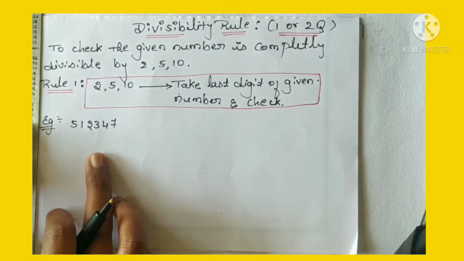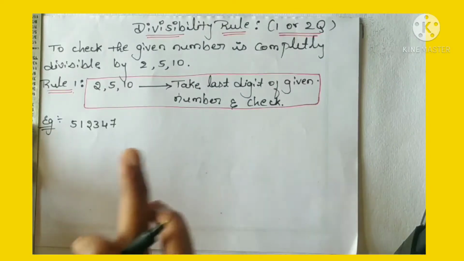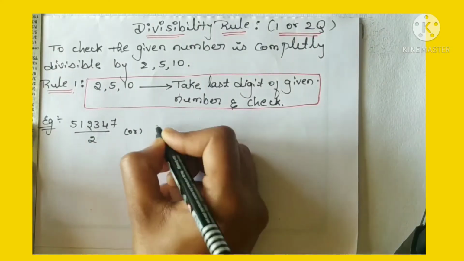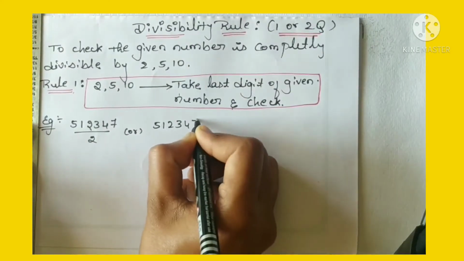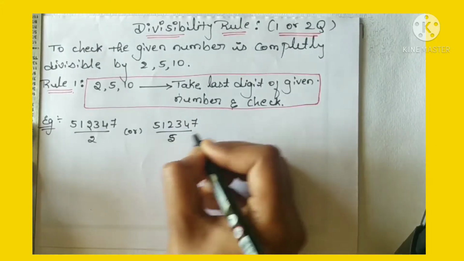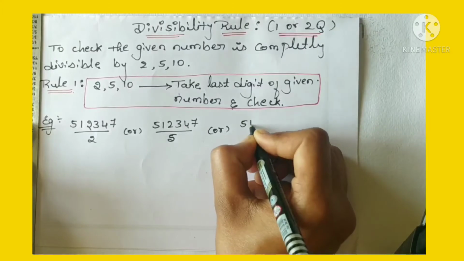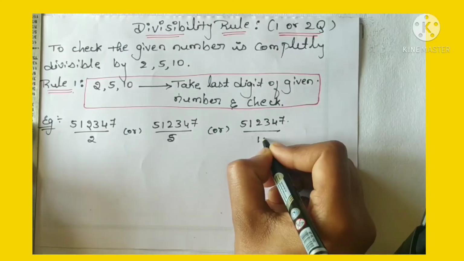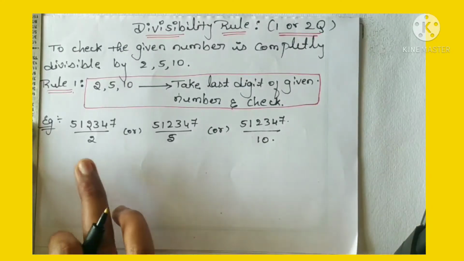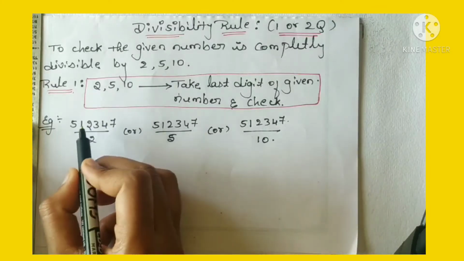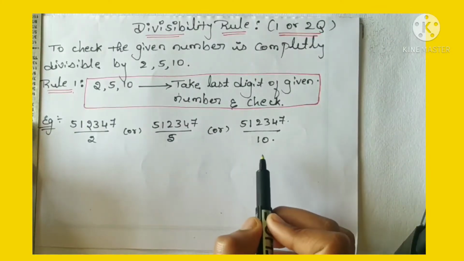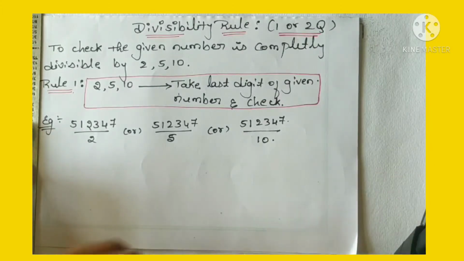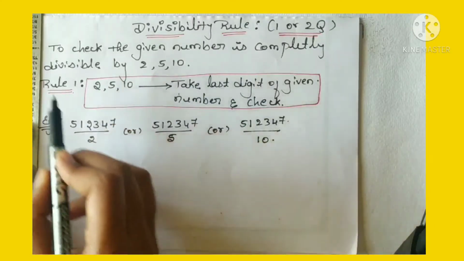This is the given number, and they ask whether it is completely divisible by 2, or by 5, or by 10. For this, I do not need to divide the whole number by 2, 5 or 10. This is a time consuming and long process. To overcome this, we use the 2, 5, 10 divisibility rule.